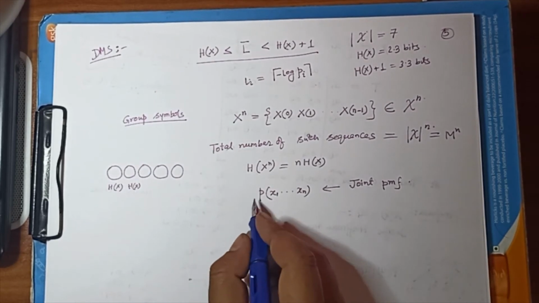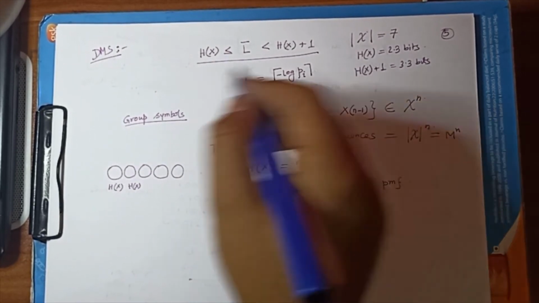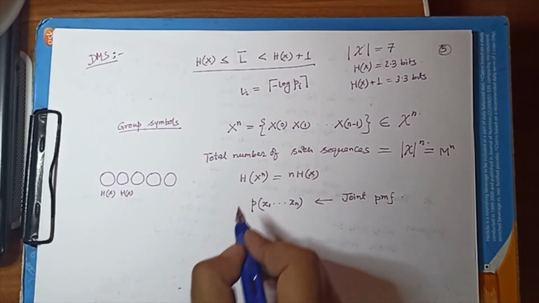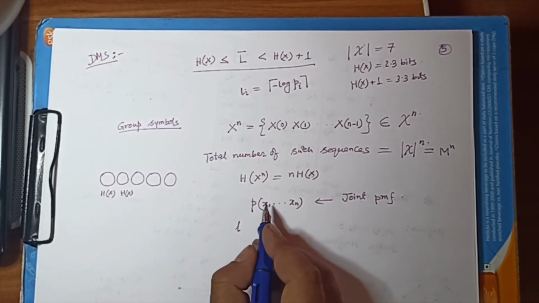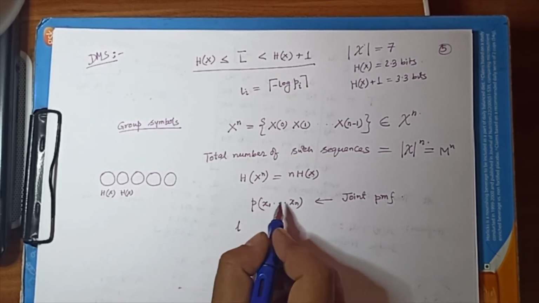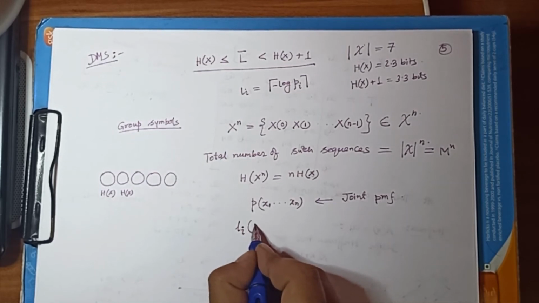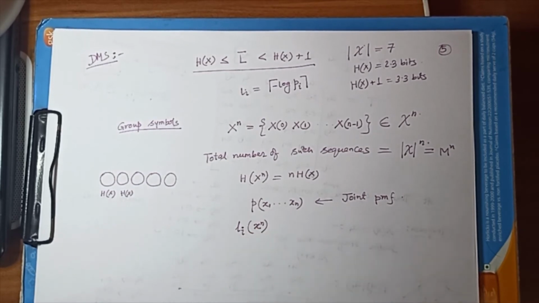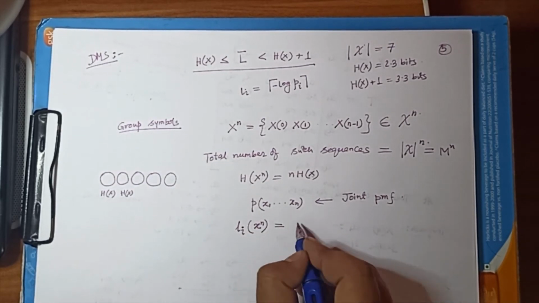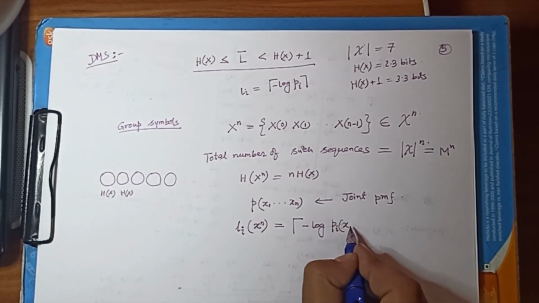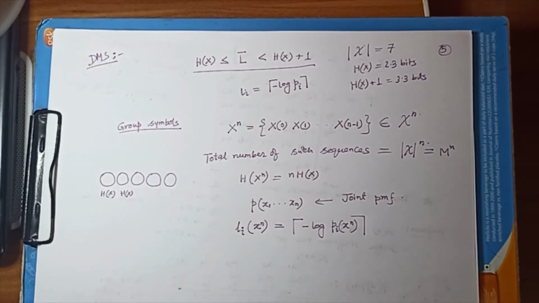For these n symbols combined, I can represent them using a code whose length, say L_i of some x^n, that's one instantiation of the vector, will be minus log p_i of that n vector.